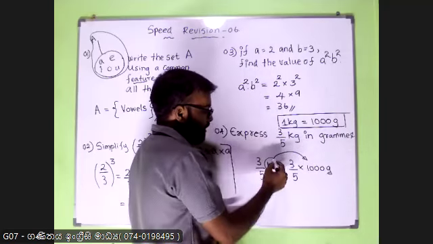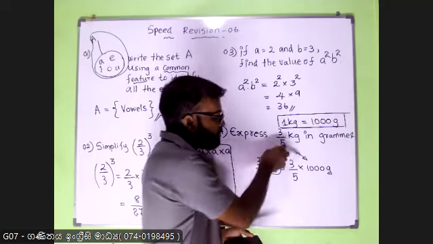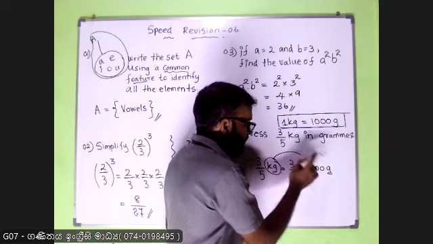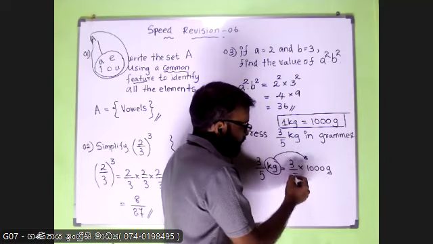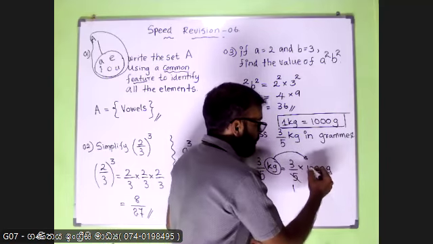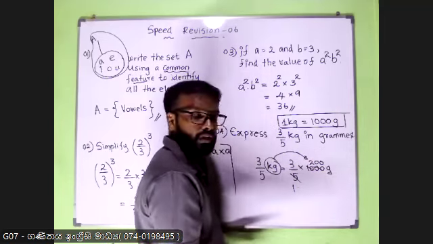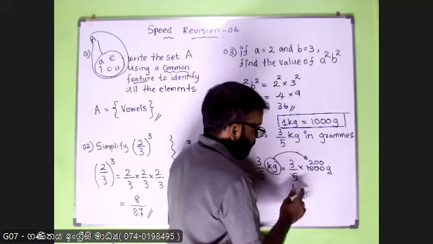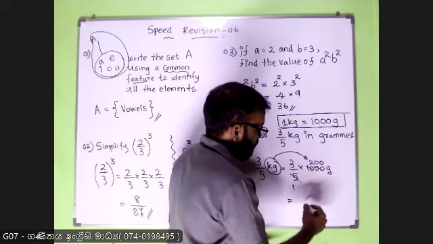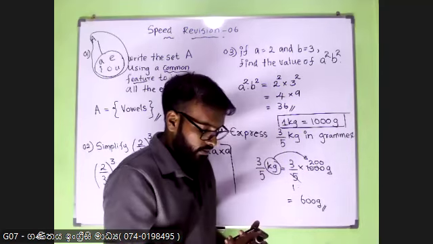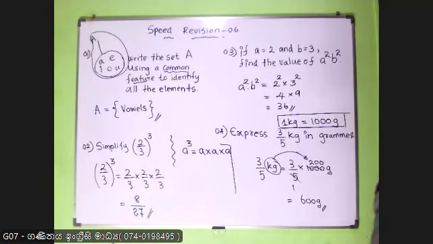Then I have to simplify. 5 times 200, 3 times 2. Equal mark 600 grams. Right? 600 grams. Okay.